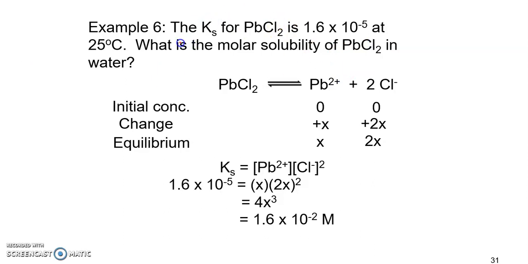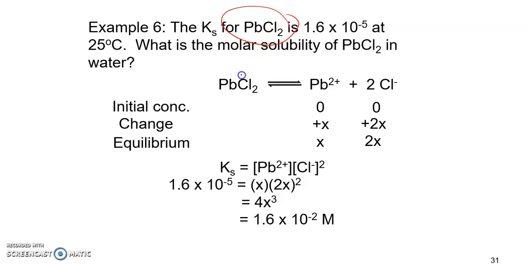Given the question, the information that we can extract is that the Ks for lead chloride is 1.6 times 10 to the power of -5 at 25 degrees centigrade. To answer this, first we need to form a chemical equation for our species.